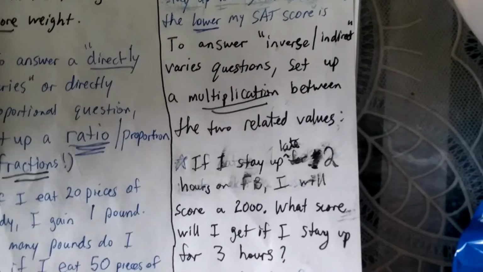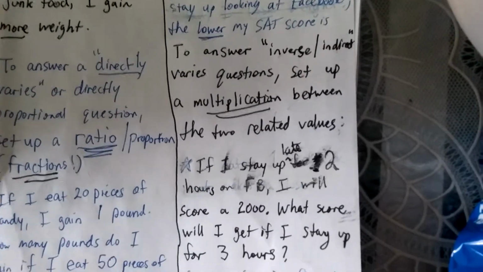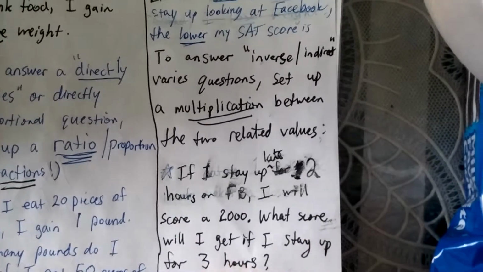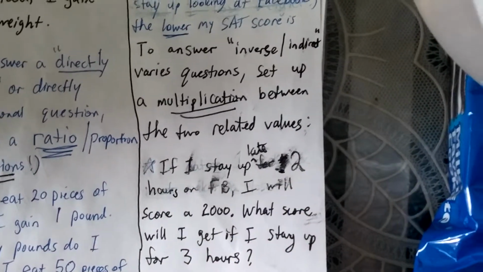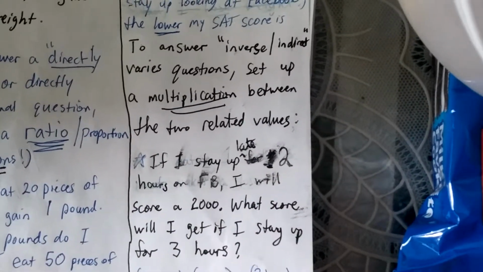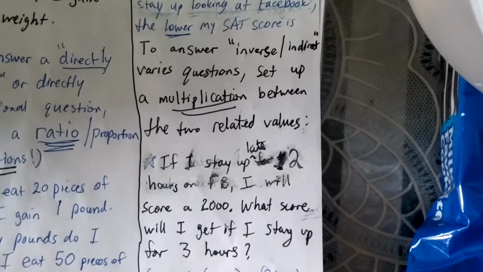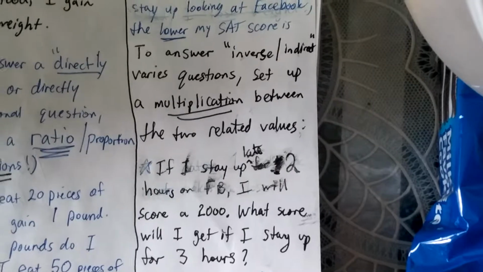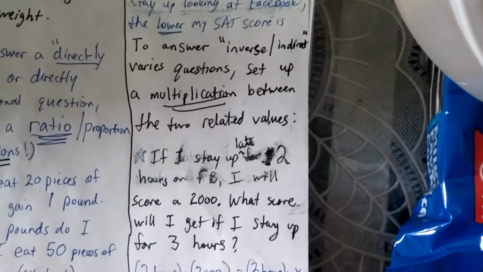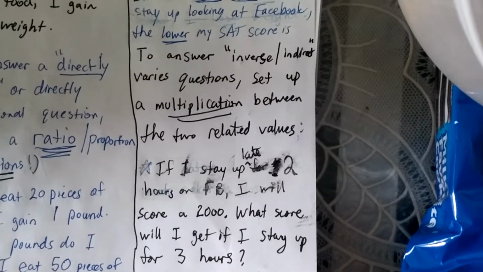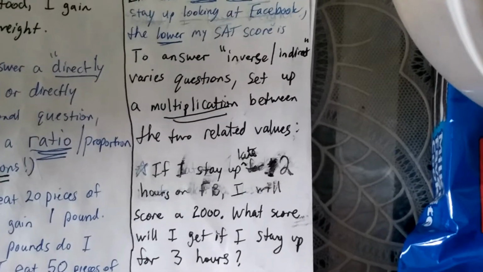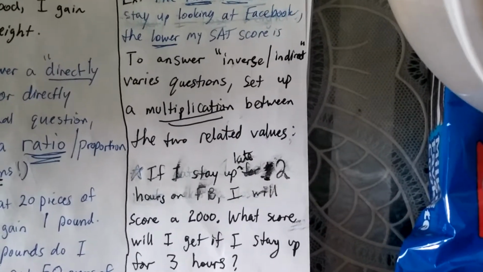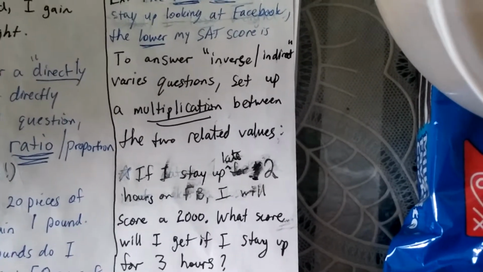Now, I'm telling you that this particular situation is inversely proportional. It didn't say it in the question, but I promise you that the SAT will tell you that this relationship is inversely proportional, meaning as one goes up, the other one goes down. In this case, the hours went up, so we're thinking that our score is obviously going to go down. If you spend more time on Facebook, you're probably going to get a lower score.